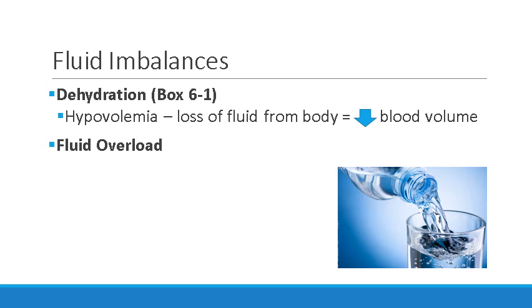When someone has fluid volume deficit or dehydration, we are going to see changes in their lab values. Usually their hemoglobin and their hematocrit will be elevated, but this elevation is skewed because they're dehydrated. If we see somebody come in with a really high hemoglobin and hematocrit, we aren't thinking, wow, they just have excellent lab values.